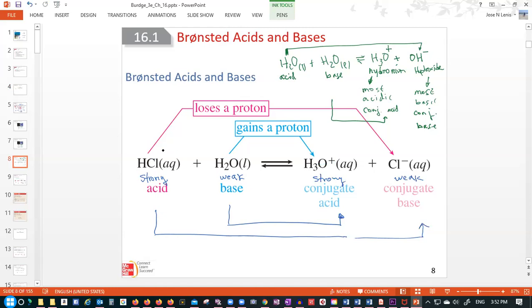This is very strong and is willing to give off all the protons. Remember, it's an acid because it's giving off protons to the base. So the base gains protons and this is going to lose all of them, because it's strong, shifting the reaction mainly to the right.